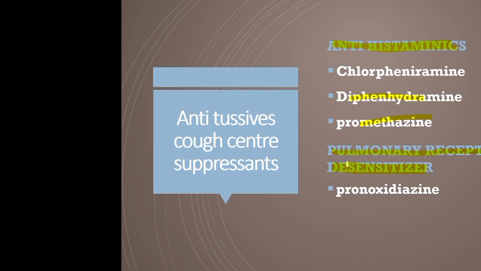The drug is pipazethate or prenoxdiazine, brand name Libexin, which acts as a cough suppressant by a desensitizer action, mostly reducing the receptors to the cough impulse and blocking the reflex action of the cough. This is about prenoxdiazine.